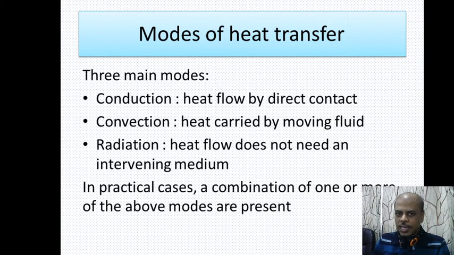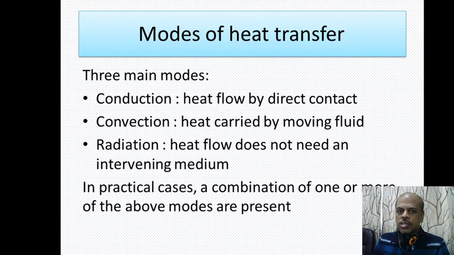Then radiation. Radiation is heat flow that does not require any type of media in between. Between one surface and another surface, heat is flowing directly, without any medium to transfer, in the form of radiation or electromagnetic waves.